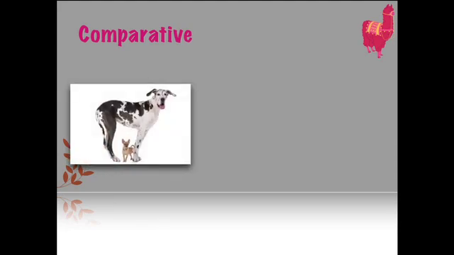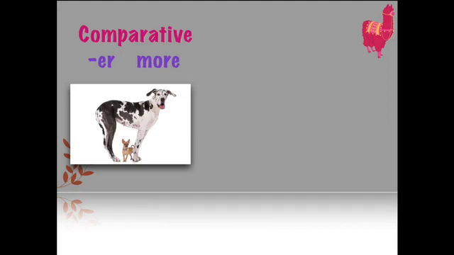Remember that we learned some ways to compare things. We have comparatives, when we compare one thing versus another thing. And remember that depending on the adjective that we're using to describe this comparison, we have the ending -er and more. We use -er when we have adjectives that are short or when they have 1 or 2 syllables, and we use more when this adjective has 3 or more syllables or is longer.